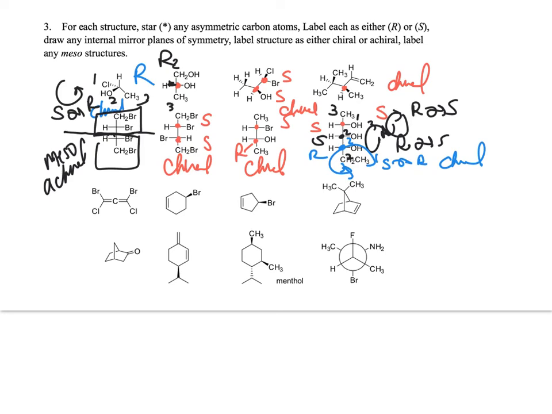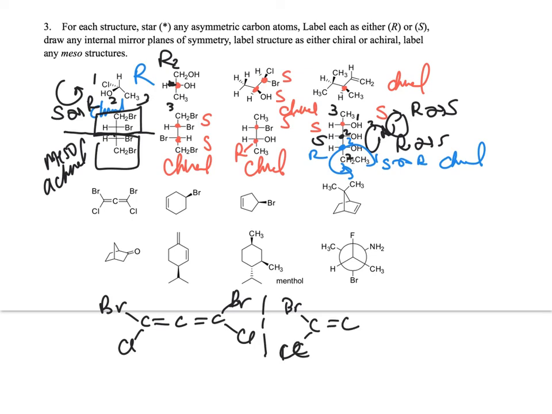This compound here, when you have these restricted ring structures, you need to draw the mirror image. It's kind of like those bicyclo rings. So we've drawn the mirror image, and now, okay, here's your bromine.